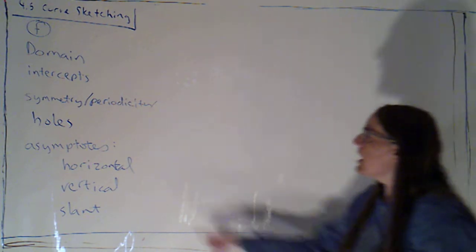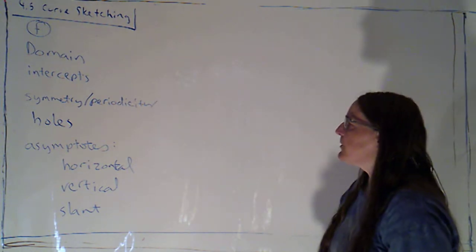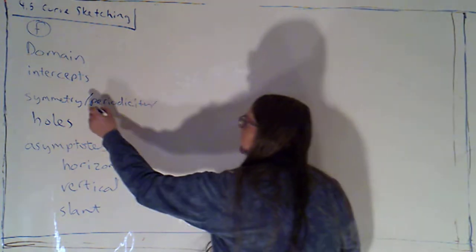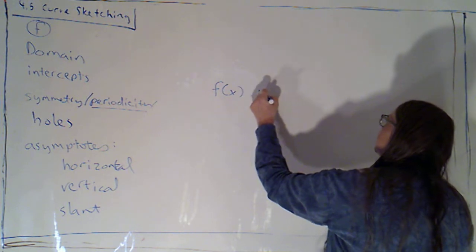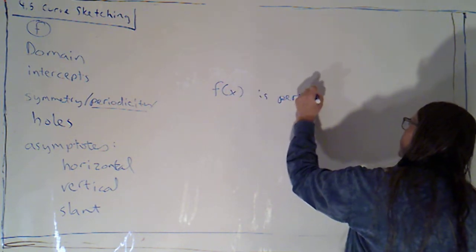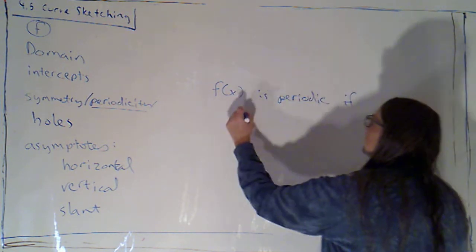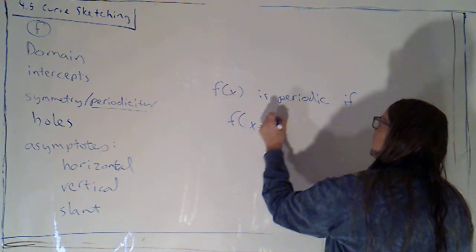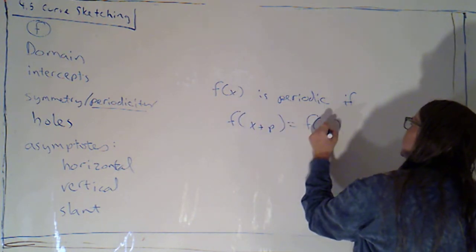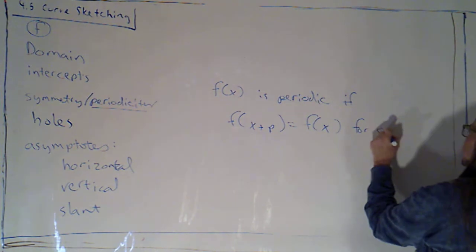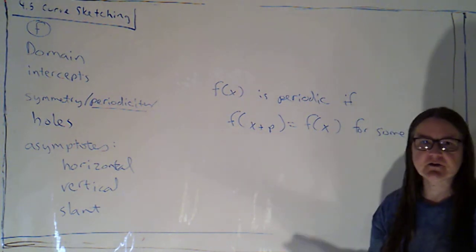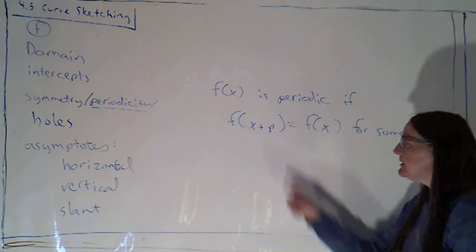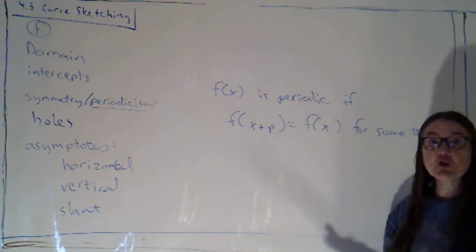Okay, all right, symmetry and periodicity. Let's address periodicity first. A function f of x is periodic if f of x plus p is the same as f of x for some number p. Classic example of this is the trig functions. With sine, the period p is 2 pi.